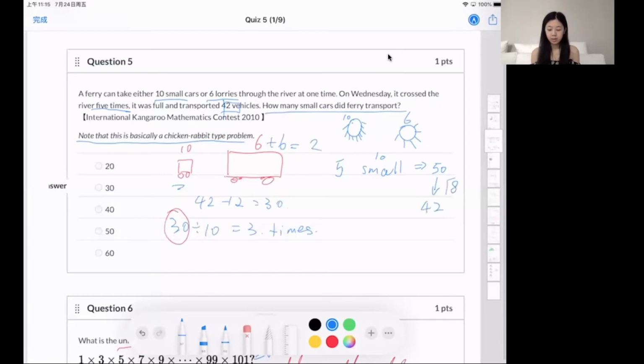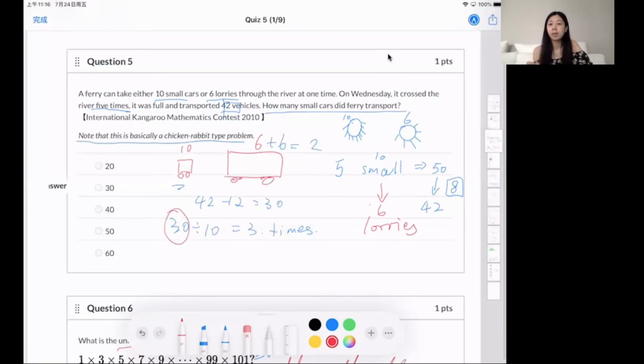But we got 42, so there's 8 more, right? So now we need to do the replacement. We need to replace a 10 feet animal with a 6 feet animal. So how many feet do we need to replace?